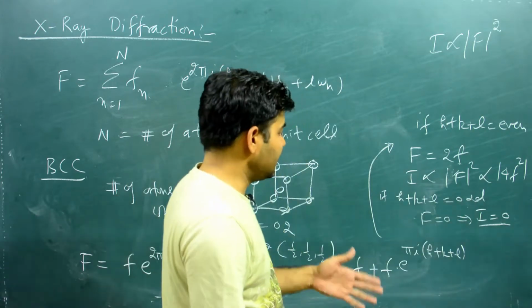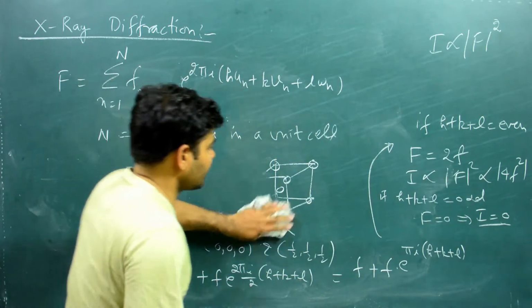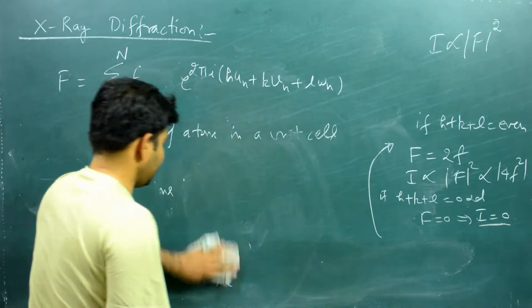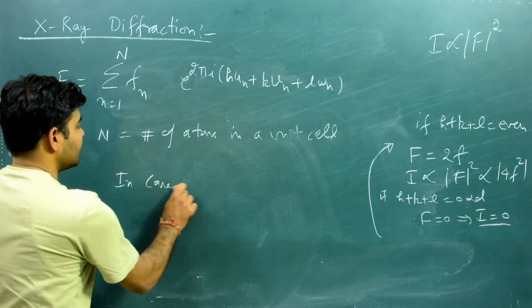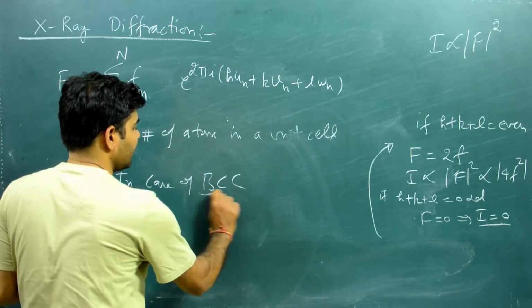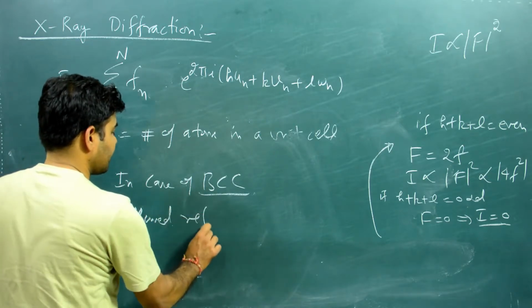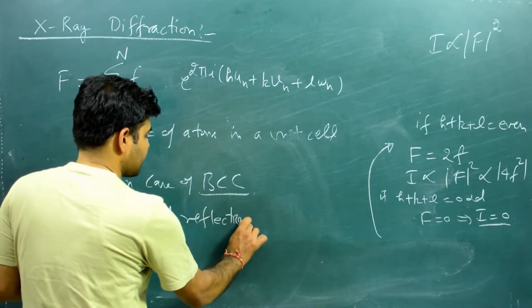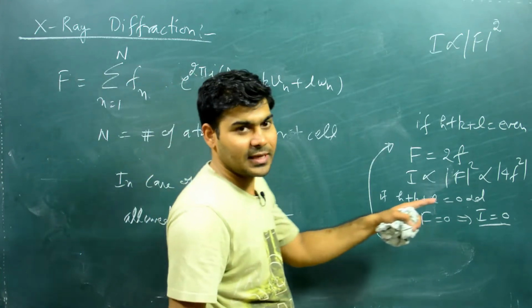So in the case of BCC, the body-centered cubic, the allowed reflections are those for which h plus k plus l is even.